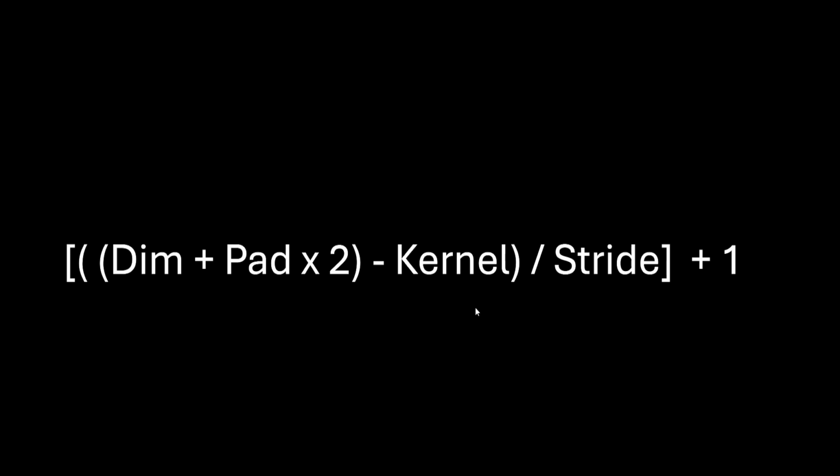My kernel is 3. And the stride is the way the kernel moves over the image. By default, the stride is 1. And at the end, you have a +1. If you do the math, you'll see that after I apply my convolution, I get a feature map that has the same size as the original image. So there is no shrinking, no reduction happening.